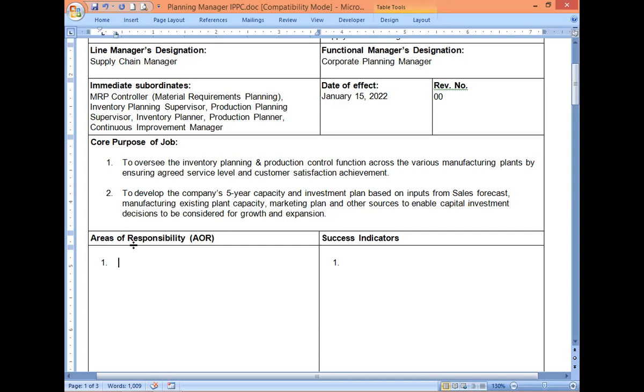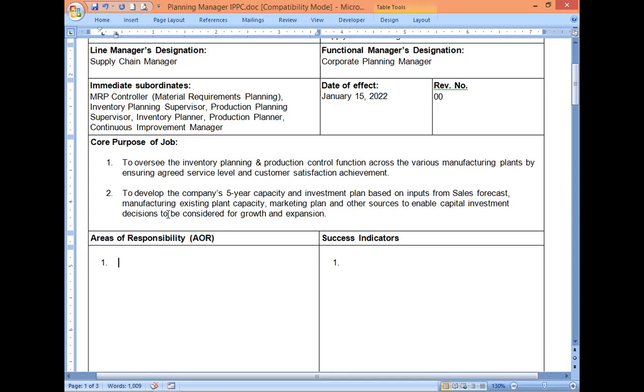Let's start writing on our AOR. This is pretty straightforward. We know already the responsibility of planning. Of course, it's all about planning. So it's just a matter of inventory, production, then service level agreement, SLA.